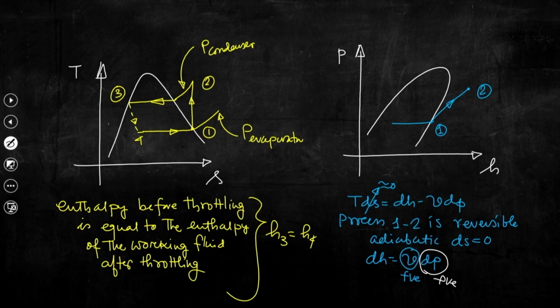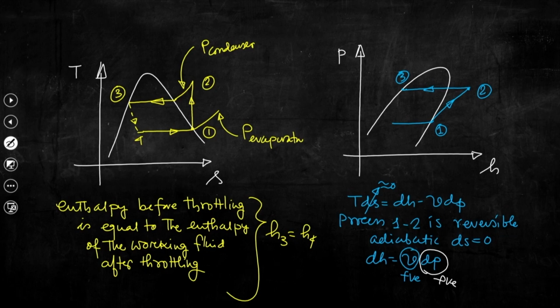What about process 2 to 3? That is a constant pressure process, but for point 3, as I said, partial condensation is not possible. So, we have process 2 to 3 at constant pressure, and this point is 3. Now, 3 to 4 is the throttling process, so we need to map it. As I said, enthalpy at state point 3 is equal to enthalpy at state point 4.